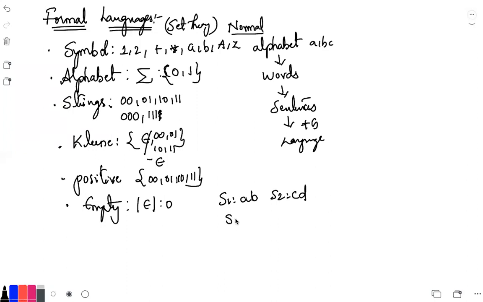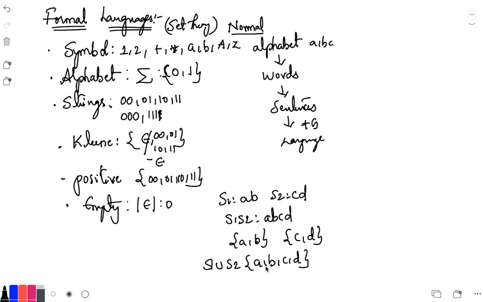If I take concatenation S1, S2, the result will be ABCD. That is the concatenation. If I have set AB, set CD, and I want union of S1 and S2, it has all the things, A, B, C, D. The same properties, the intersection, everything is the same. I don't want to touch upon those boring topics again.